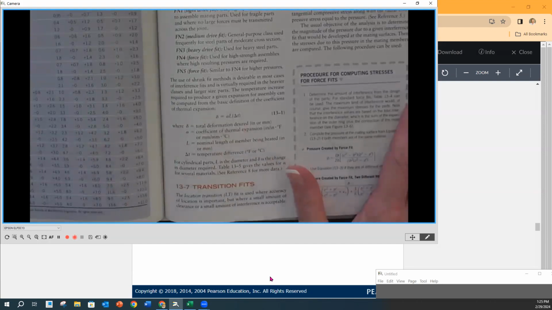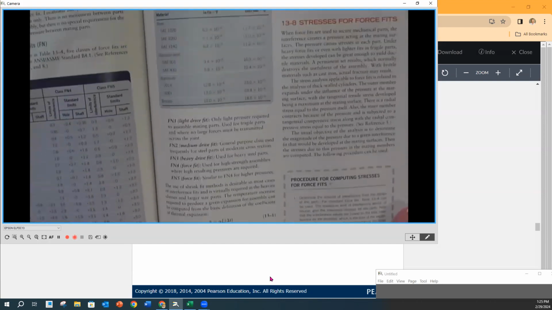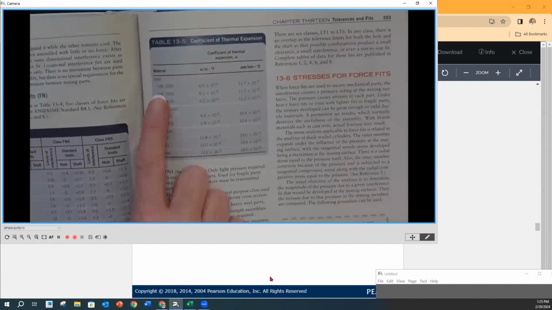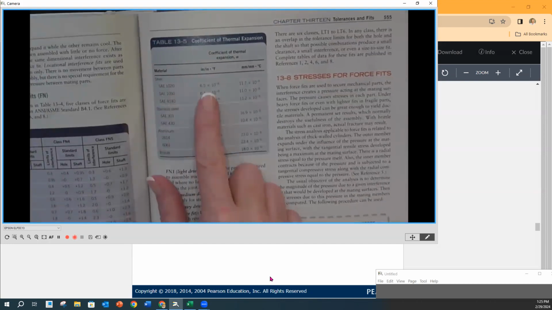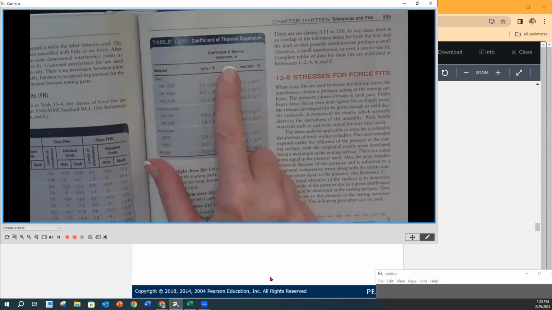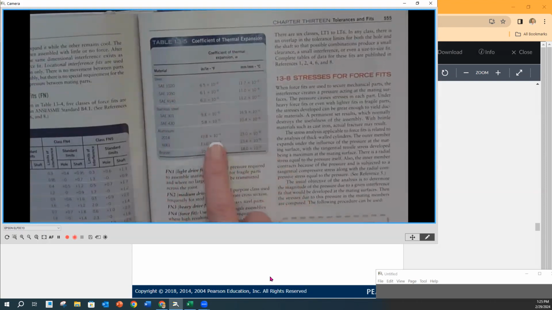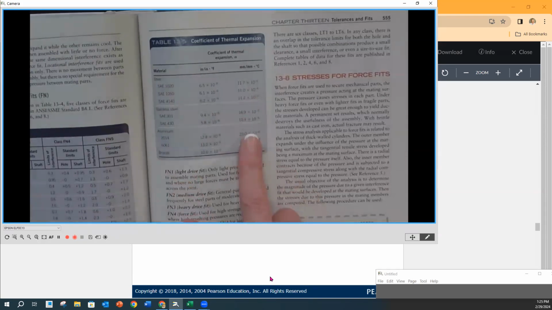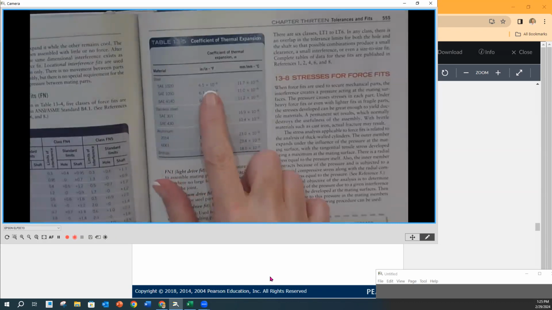If we go up to the chart in that same page at the top column here, for common materials, they have the alpha, or the coefficient of thermal expansion. So here is the column for English units, and then metric units. Now this is how many inches it's going to move per inch. So if I look at an inch, how much is that going to move? Notice these are tiny numbers.